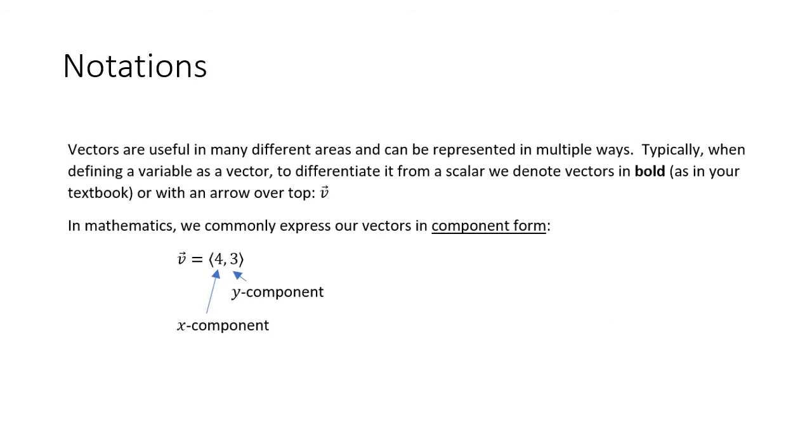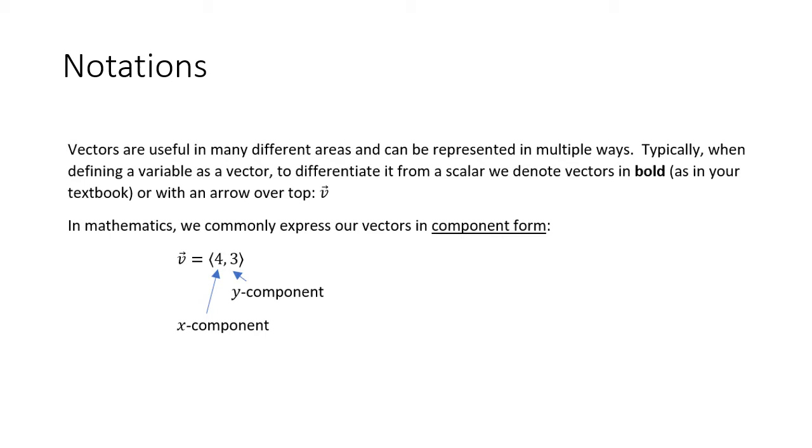Now, there are lots of different notations for vectors because vectors are incredibly useful in many different areas and disciplines. Typically, though, when we define a variable as a vector, to differentiate it from a scalar, we either denote it in bold, and that's what your textbook does, and lots of textbooks do, or you can put an arrow over top.